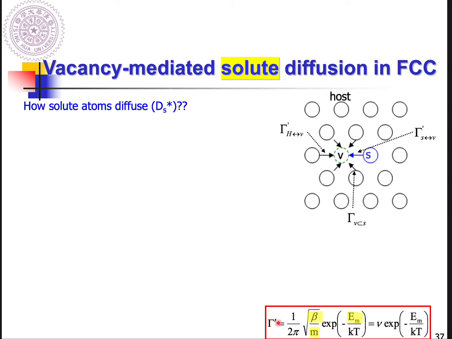So let's do a quick review. The atomic jump rate in a specific direction is associated with the bond strength, the reduced mass, and the energy barrier, which is due to the lattice distortion.